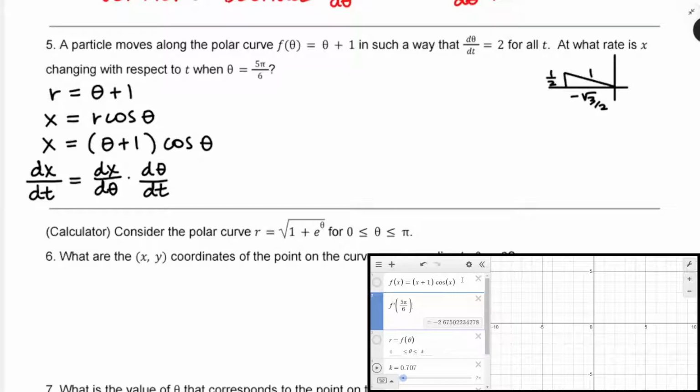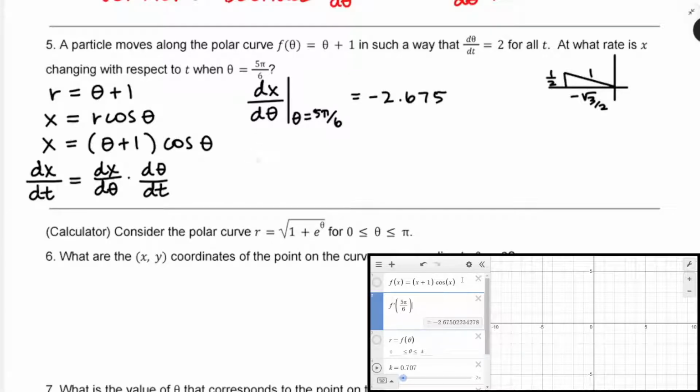I'm going to say dx d theta, because that's really what I did. I took the derivative of that x equation with respect to theta at 5 pi over 6, and that is going to equal negative 2.675.